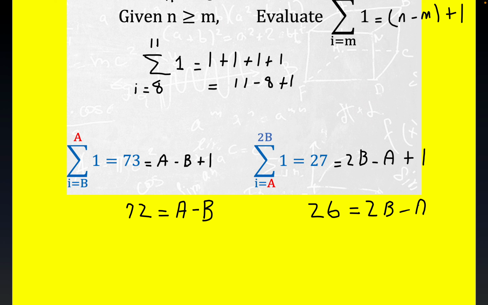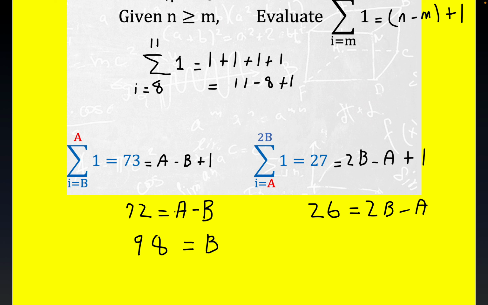Now notice that if we add the two equations together, the a's will eliminate, and you would get 98 is equal to b. I'll just say it rather than write it down.